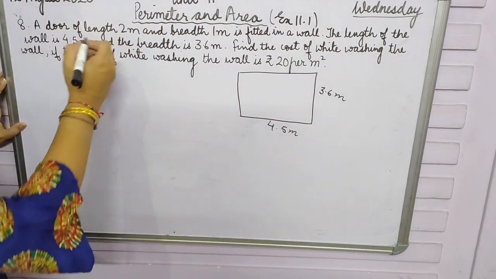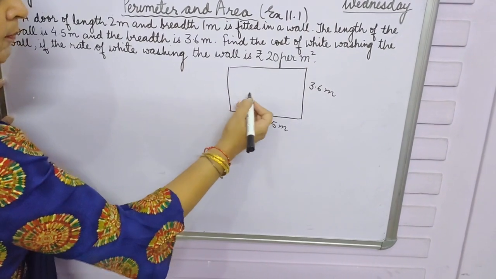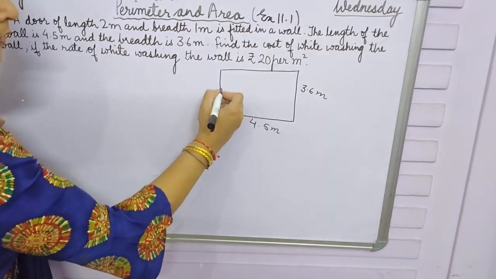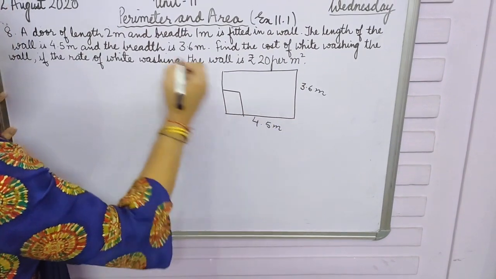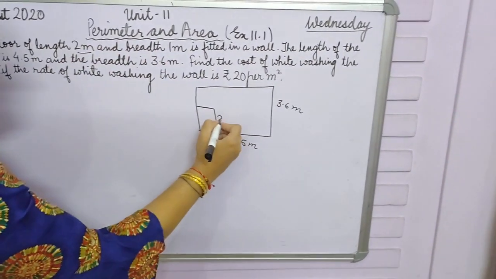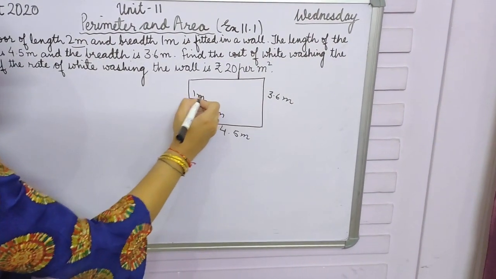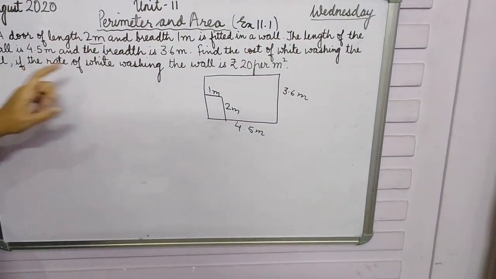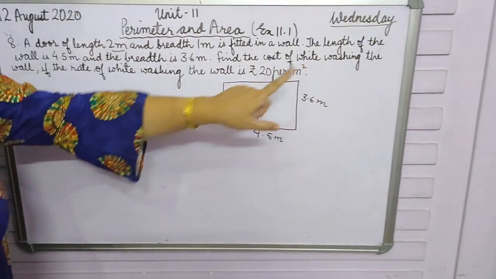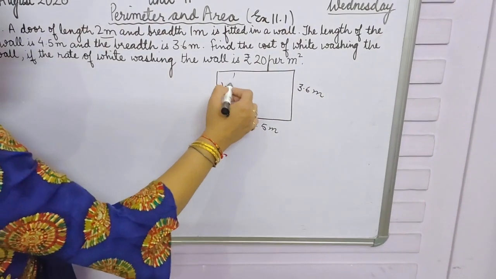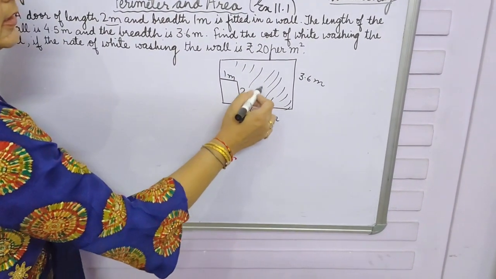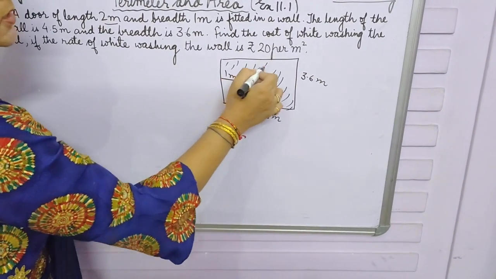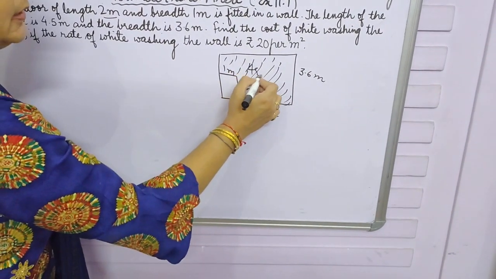Now there is a door, maybe somewhere in the wall or near this, whose length is 2 meters and breadth is 1 meter. Now we are to find out the cost of whitewashing the wall. This whole wall is to be whitewashed, and where we do the work on the whole surface, there we find out the area.